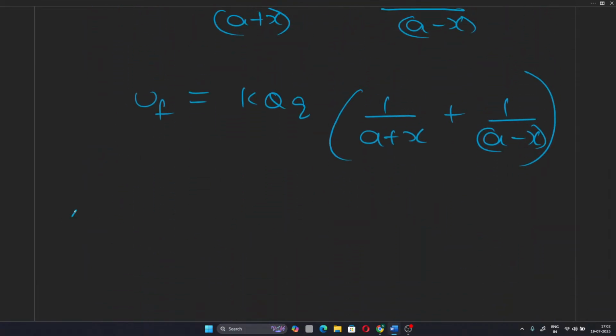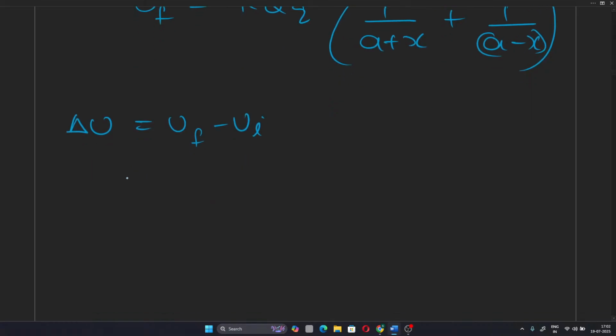So delta U equals U final minus U initial. U final is this one, and we can directly take KQ and Q common.